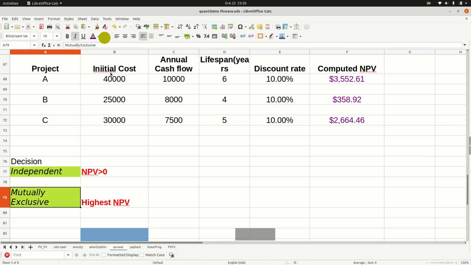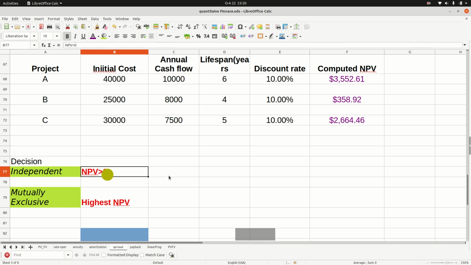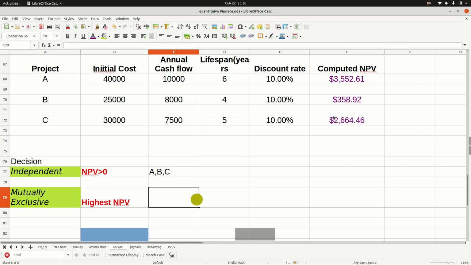If they're independent, as long as they are all greater than 0, I can accept project A, project B, or project C, because they are all greater than 0. Choose any of them. But if they are mutually exclusive, I'll have to go with the one with the highest NPV, and among these projects that is project A. I would have to go for project A as the choice. So that is how the net present value is calculated.